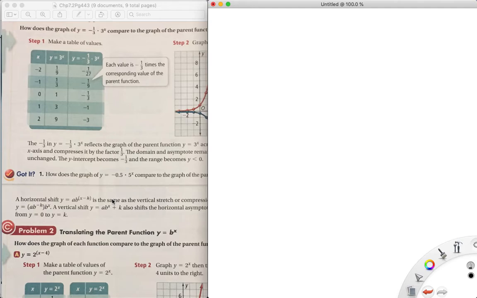We can also talk about horizontal shifts, and this happens up here in the exponent component.